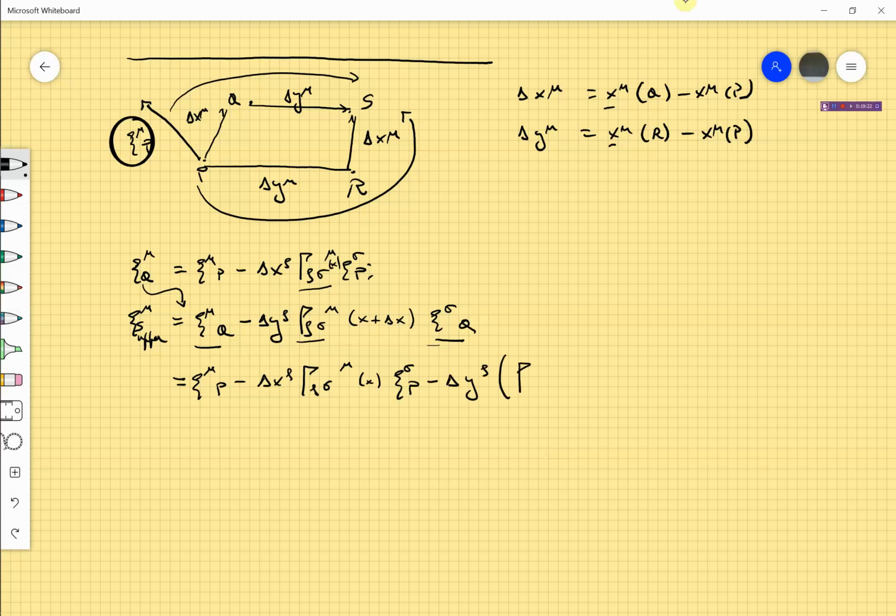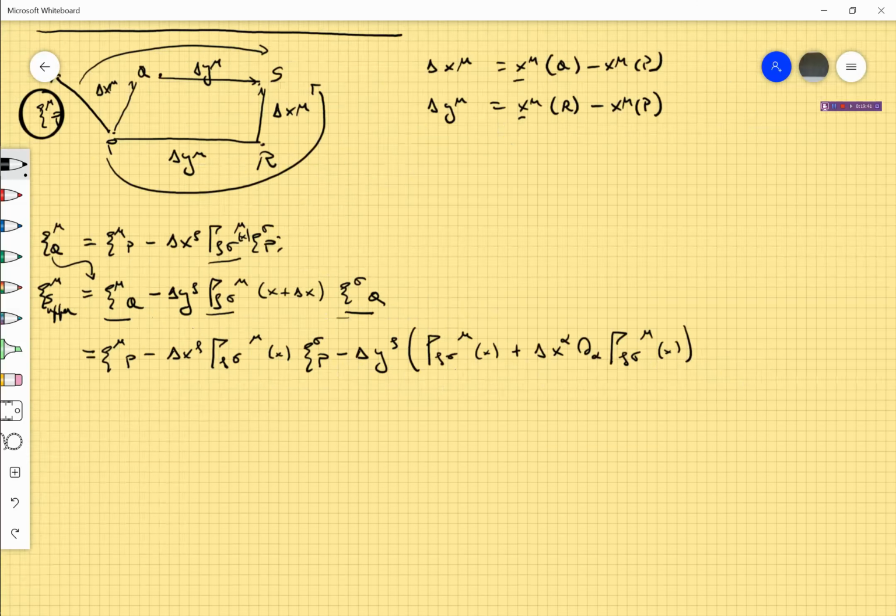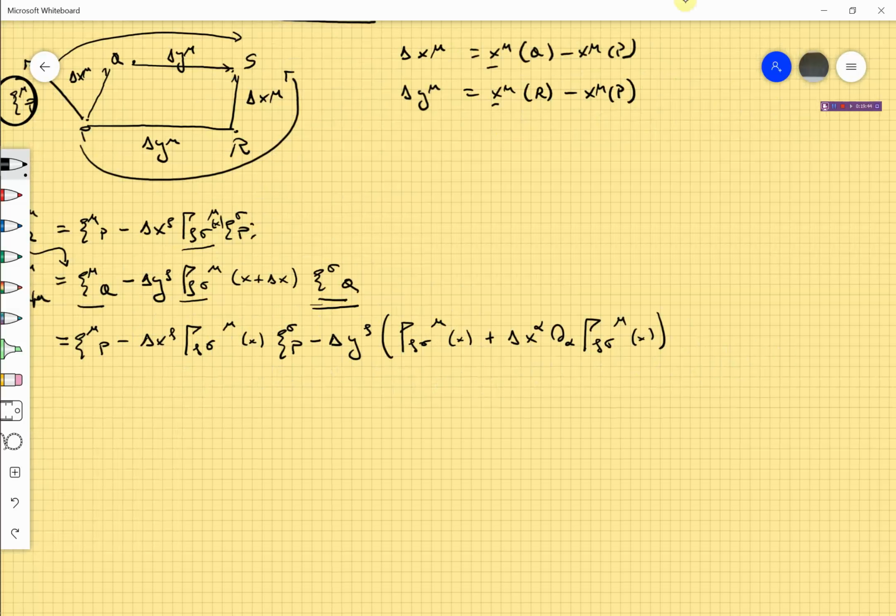So this would be gamma rho sigma mu at x plus delta x alpha partial alpha gamma rho sigma mu evaluated at x, and this multiplied by psi sigma Q, and this is again psi sigma P minus delta x rho gamma rho sigma beta psi beta P. This is the result.